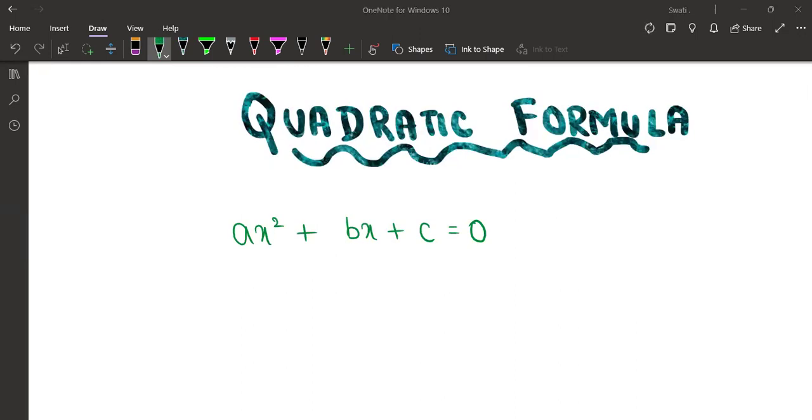Now, we talk about the roots of a quadratic equation. Let us take alpha and beta as the roots of this equation.